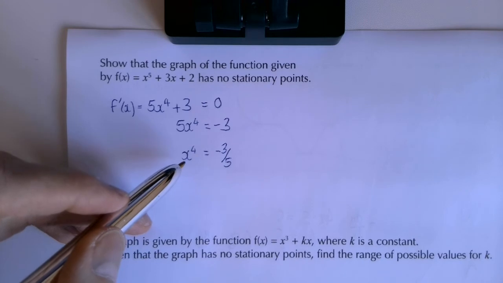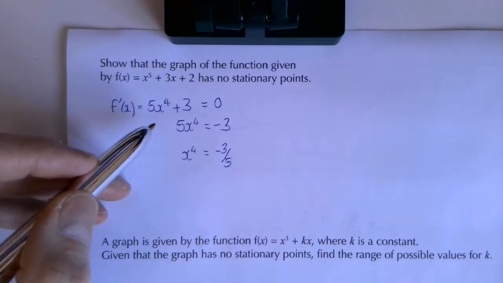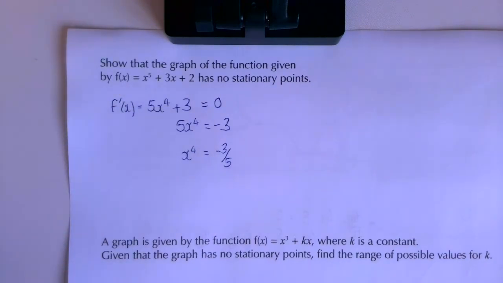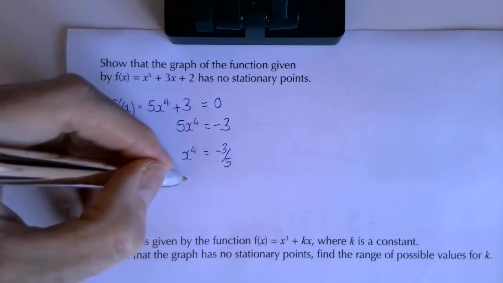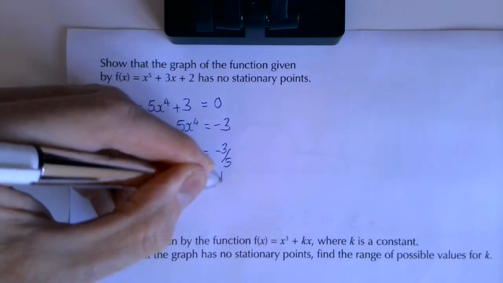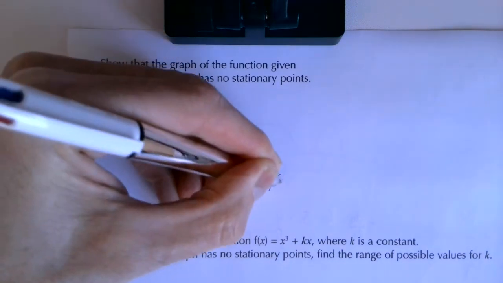Even if x is negative, when you square it, it becomes positive. Multiply it by itself again to cube it, becomes negative again. Multiply it by itself again, it becomes positive. So this is not possible. x to the power of 4 can't be negative. So there are no turning points.